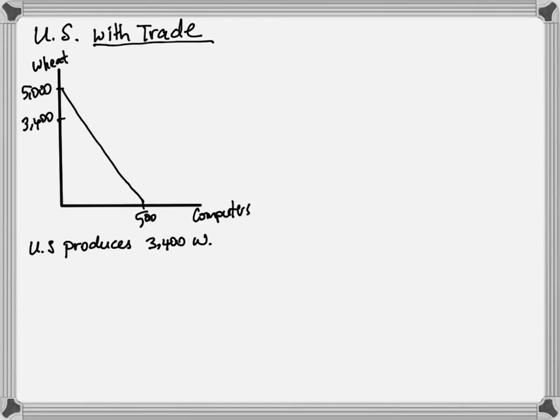Now let's say the United States chooses to produce 3,400 tons of wheat. When that's the case, we need to find out with the remaining resources how many computers the United States can produce.